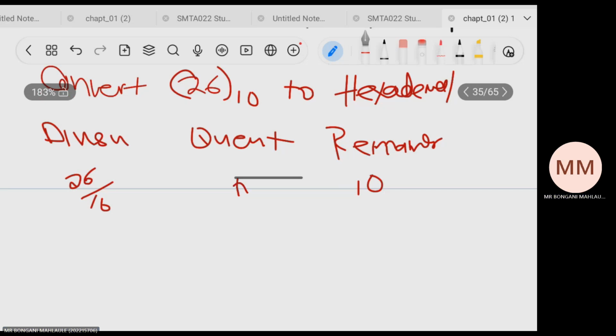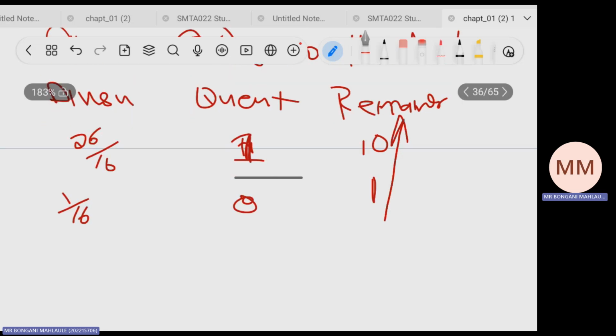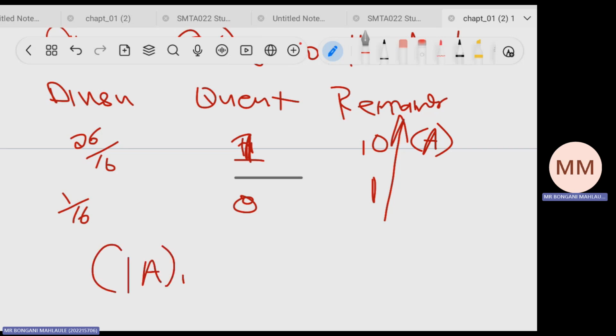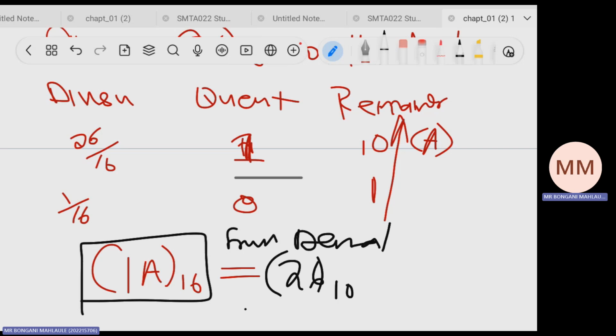Now we take 1, divide by 16, you'll get 0 remainder 1. So our final answer is this. We know that 10 is equal to A, so this will become 1A base 16. So I've managed to convert 26 base 10 to hexadecimal.